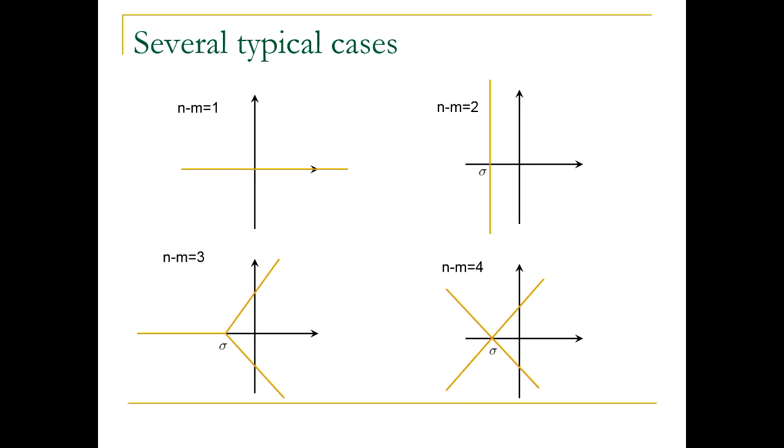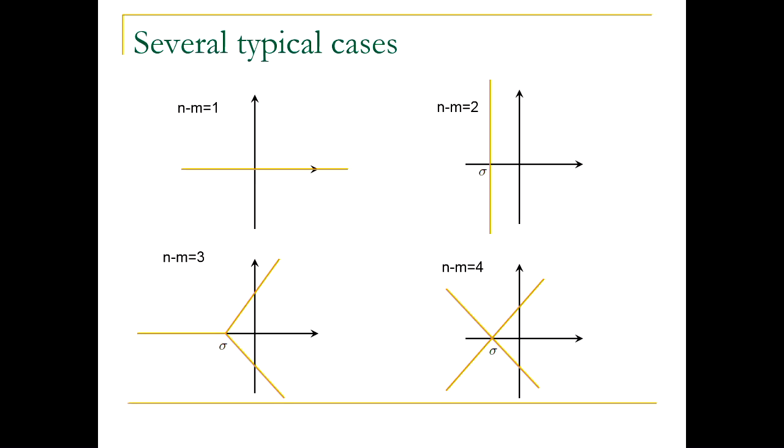When n minus m is 2, there will be one vertical asymptote. We don't know where sigma is, but the angles will be pi half and 3 pi half. For n minus m equal to 3, you will divide the pizza into equal parts in this way, and when it's 4, in this way, etc. So you're always dividing 360 degrees into n minus m equal parts.